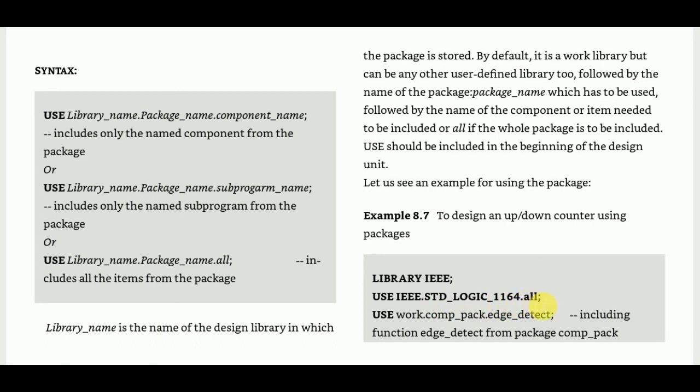Similar to this statement, use clause, then library name. Here the library name is IEEE, IEEE dot package name. Package name means std_logic_1164 dot all. Dot all means we include all the items from the package.